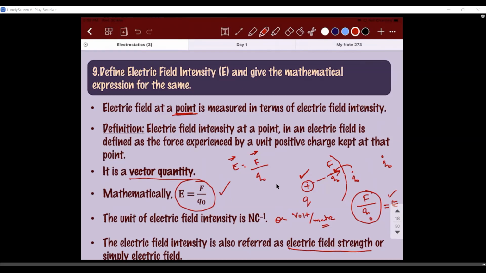Let me see how much you people remember this concept. You guys know what is the direction of magnetic field? Outside it is north to south. Inside it is south to north.